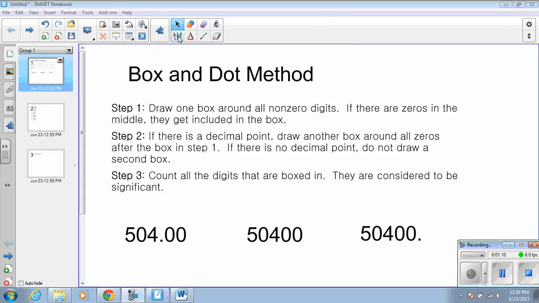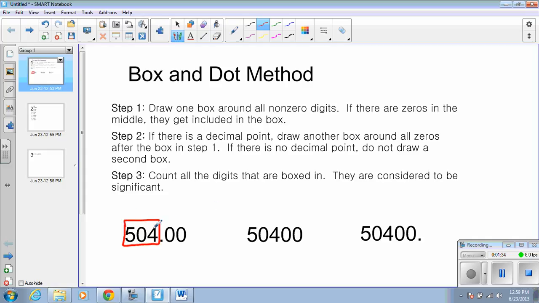So let's do three quick examples. Step one. Let's look at this first one, 504.00. Draw one box around all non-zero digits. And if there's a zero in there, that gets included.